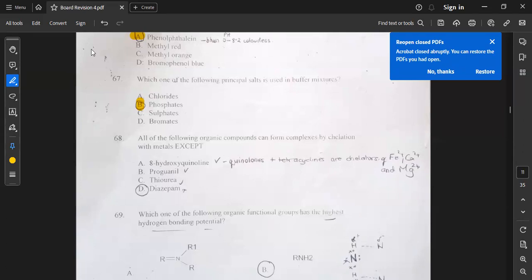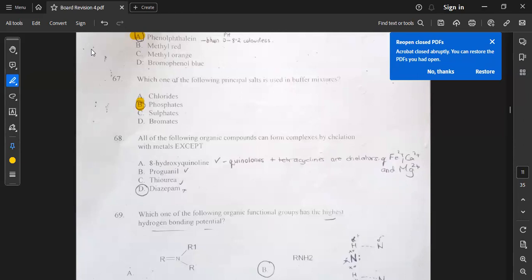I think somebody needs to take us through these things because not all of us are good with chemistry. Those who are good can take us through.